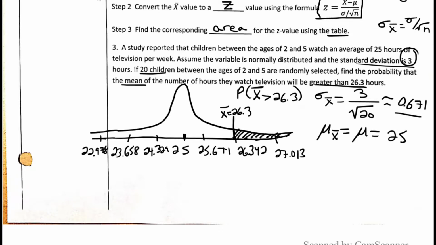So we need to calculate the z value. So z equals 26.3 minus 25 over the standard deviation. We just calculated this, so we're just going to write out 0.671 since we calculated it earlier.